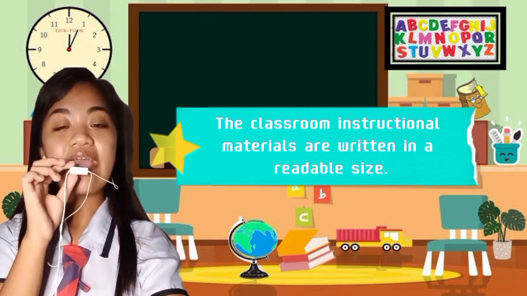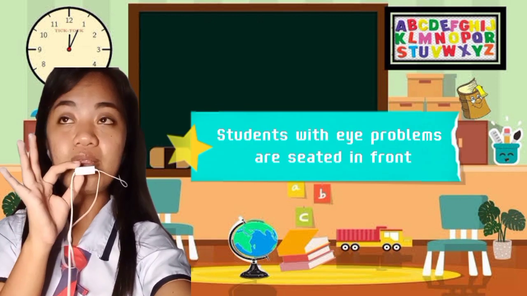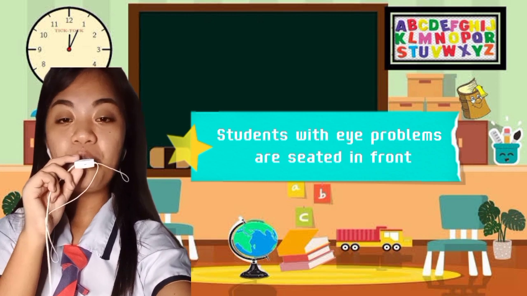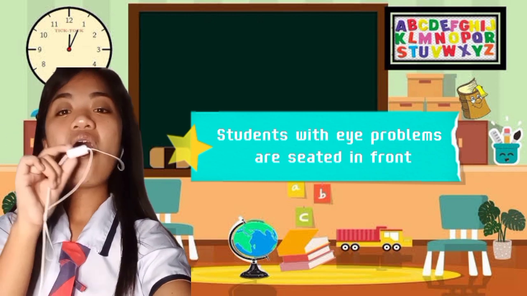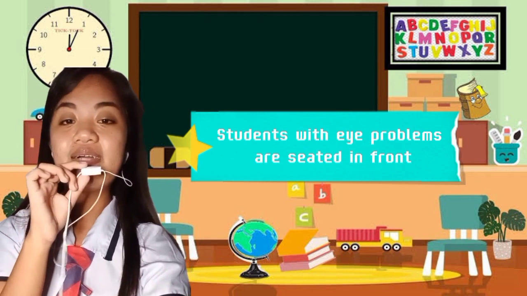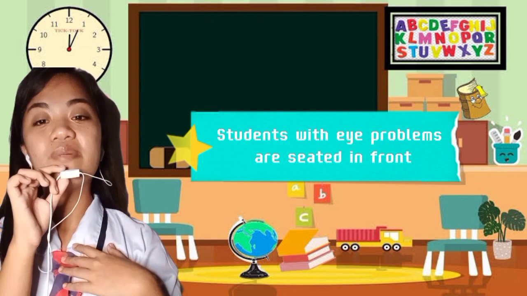And the 8th observation is that students with eye problems such as myopia or nearsightedness or farsightedness are seated in front of the class for better visualization of the instructional materials.